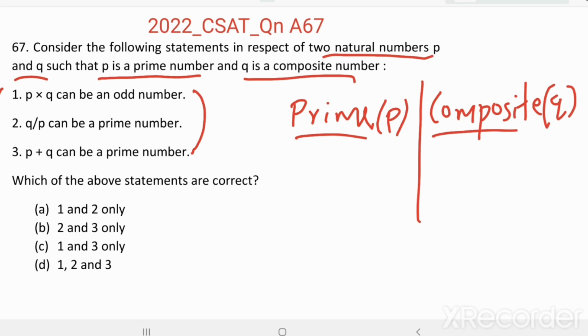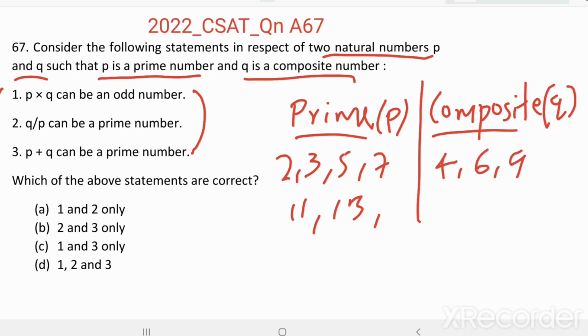Prime numbers means it has only two factors, one and itself. 2, 3, 5, 7, 11, 13, all these are prime numbers. Then composite numbers means it has factors other than 1 and itself. 4, 6, 9, 10, then 12, all these are composite numbers.